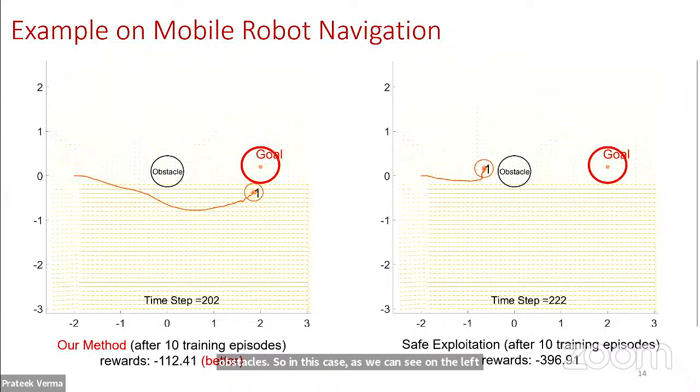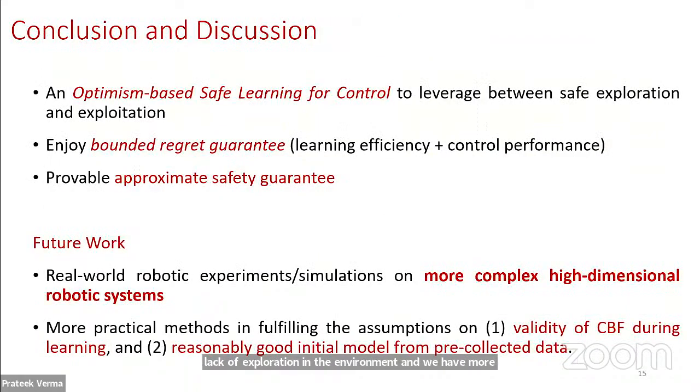After 10 training episodes, our method during testing is able to take advantage of the wind field downstairs that the robot had no idea about beforehand, while on the right-hand side, the robot was stuck in a local minimum because of the lack of exploration in the environment. And we have more quantitative results in the paper.